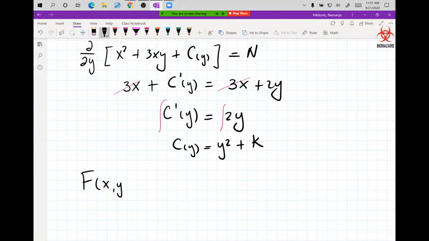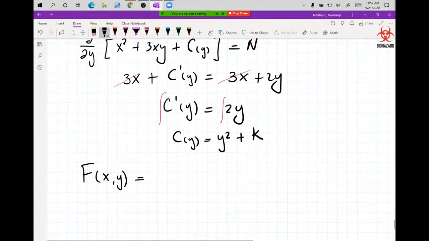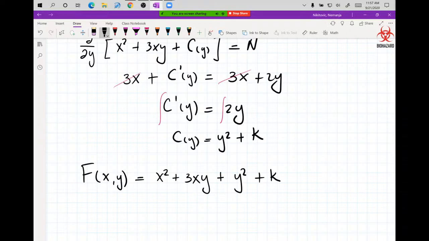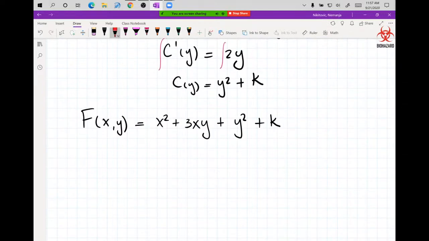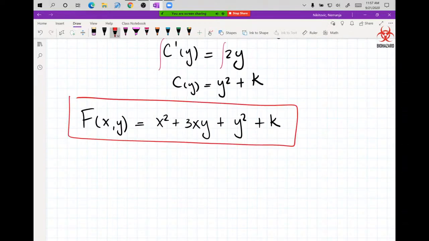So the answer, the function we are looking for, is x squared plus 3xy plus y squared plus k. Or in implicit form, x squared plus 3xy plus y squared equals k.